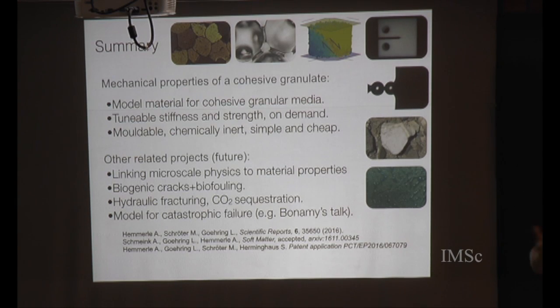And I then described how to make such a material where you have cohesive bonds holding together glass beads, and how the material properties of this are highly tunable, where it's basically a moldable material. You can shape it into whatever shape you want. It's chemically inert, a good scaffold for example, hydraulic flow problems as well, where you want to control, for example, elastic response as well as the permeability. Simple, cheap, easy to make.